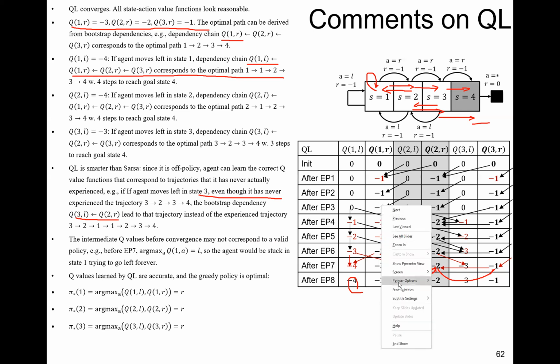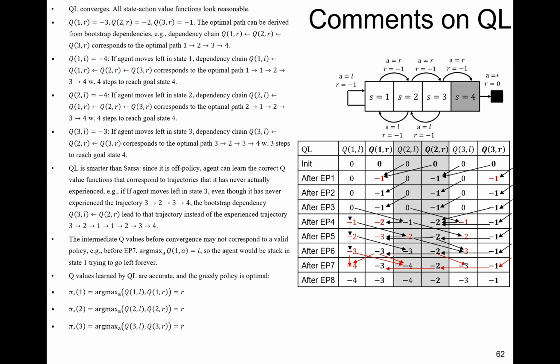So let's see. The agent moves left in state 3. You can see that bootstrap dependency from the initial episodes. In episode 4, when the agent first moves left in state 3, the bootstrap dependency is this.